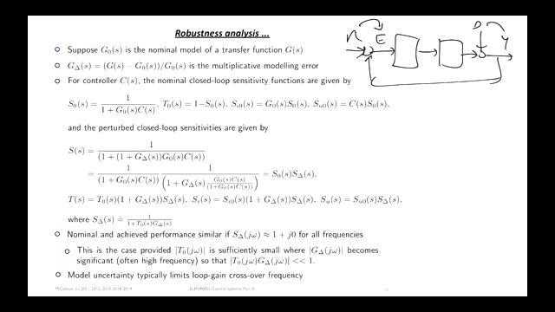So our nominal and perturbed performance will be similar if S delta is equal to 1, and S delta being equal to 1 just requires T, the complementary sensitivity function, times the perturbation to be much, much smaller than 1. Because when that holds, this is equal to 1.